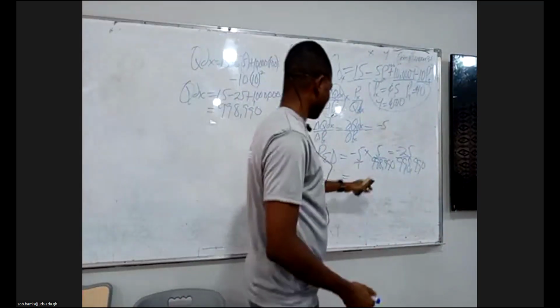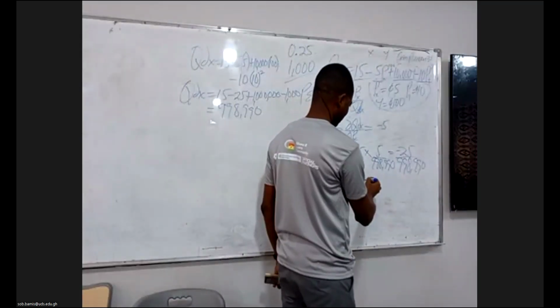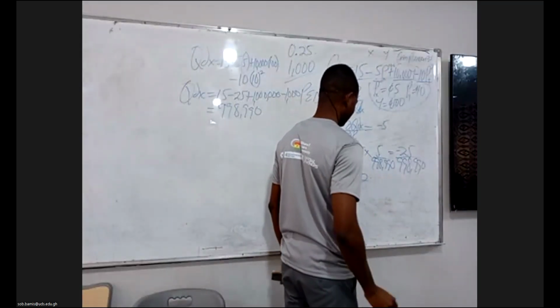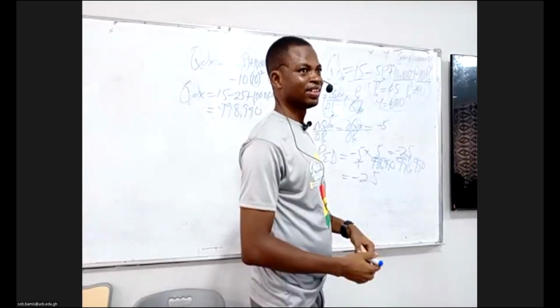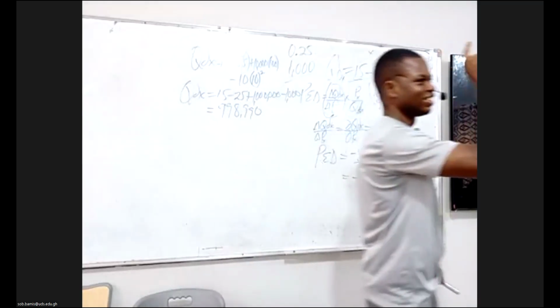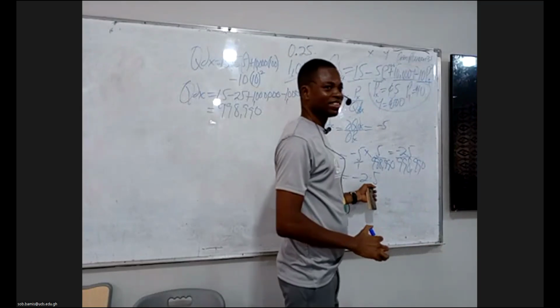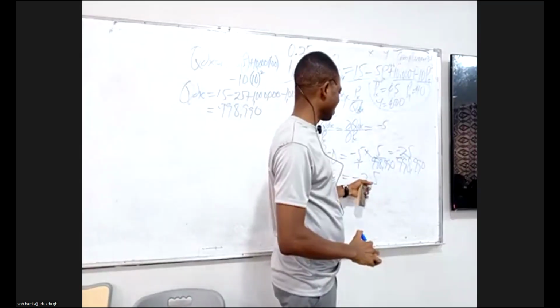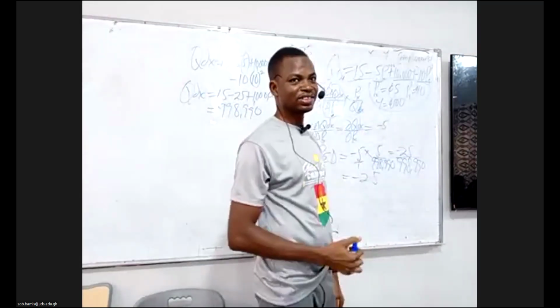Good. So what is our final answer? Negative 2.5. That's minus 25 divided by 998,990.